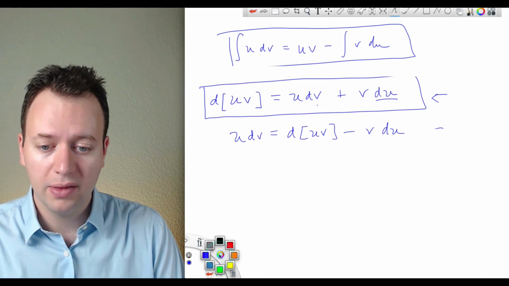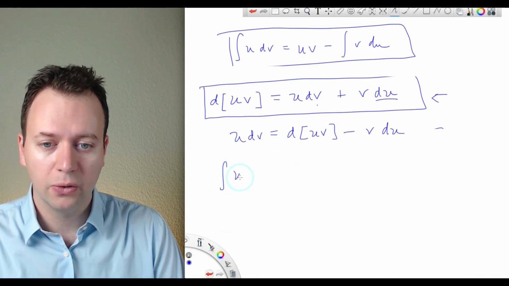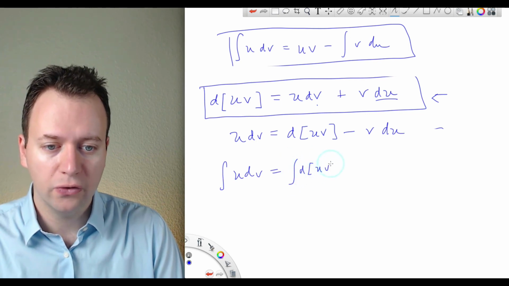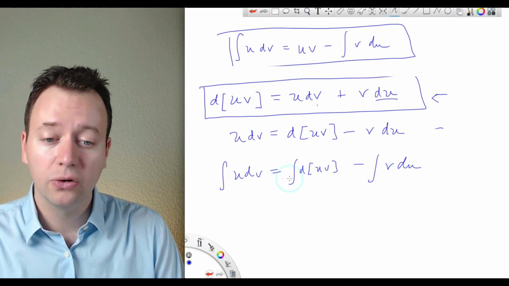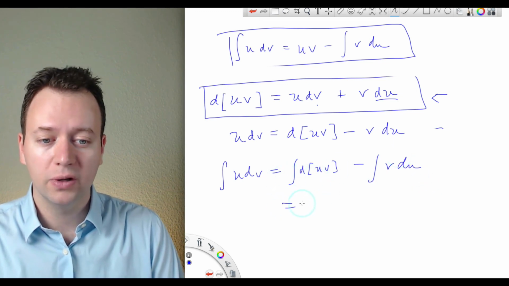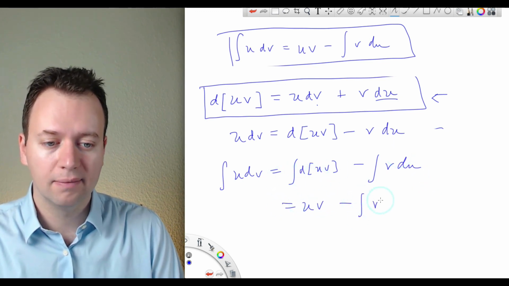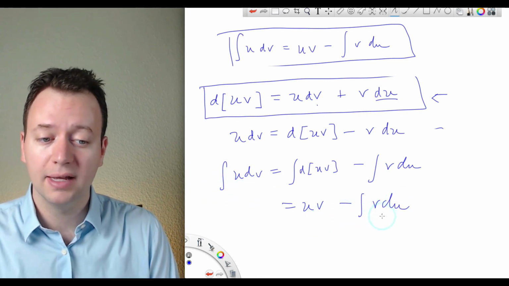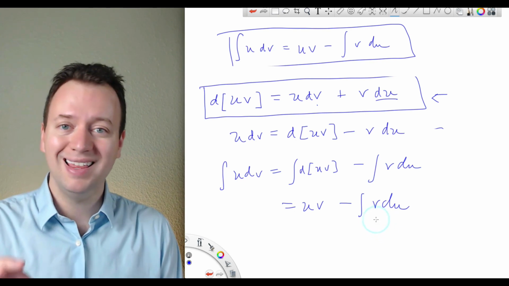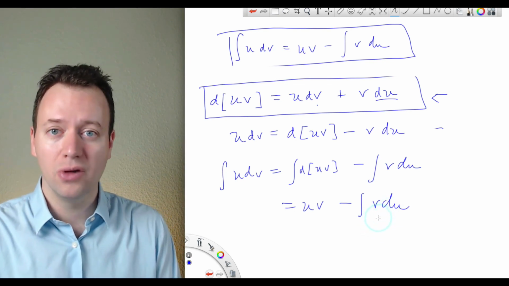So if we integrate this, we get the integral of u dv is equal to the integral of the differential of uv and then minus the integral of v du. Now the integral of the differential is just going to equal u times v. So the integral of u dv equals uv minus the integral of v du. So you see this is exactly undoing the product rule.